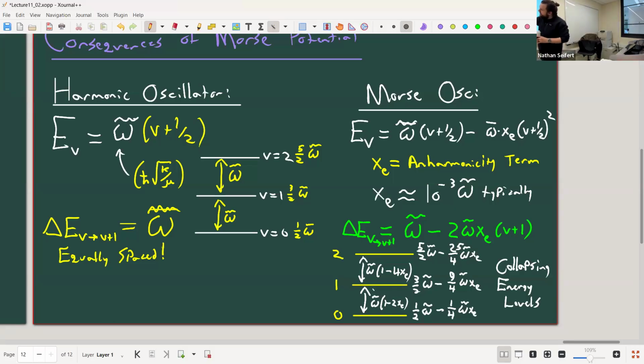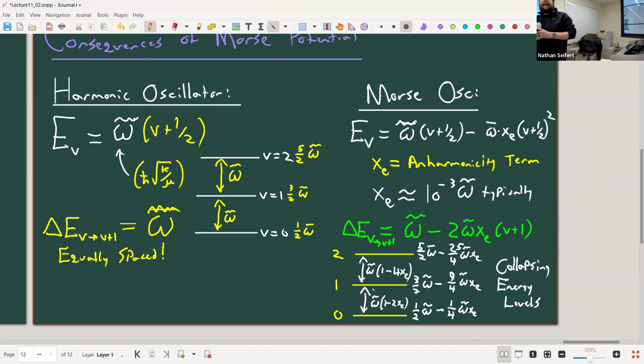But in an anharmonic oscillator, each rung of the ladder absorbs at a different frequency. This one absorbs at omega times 1 minus 2xe. And then the 1 to 2 will be slightly redshifted at lower energy at omega 1 minus 4xe. And the next one is going to be omega 1 minus 6xe, and so on.